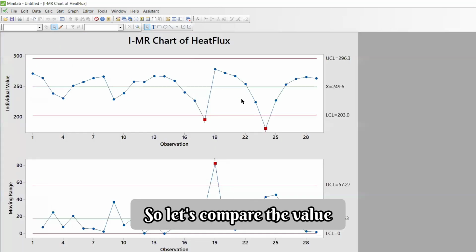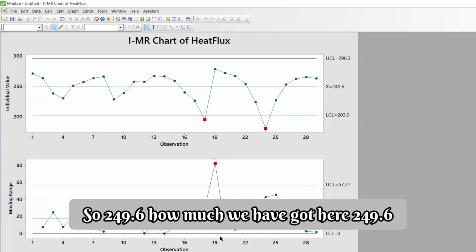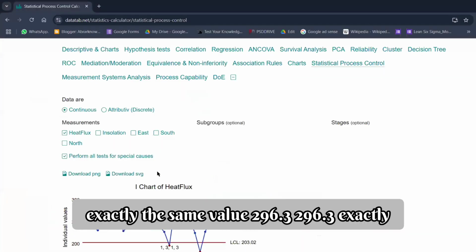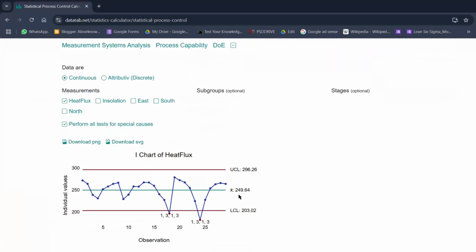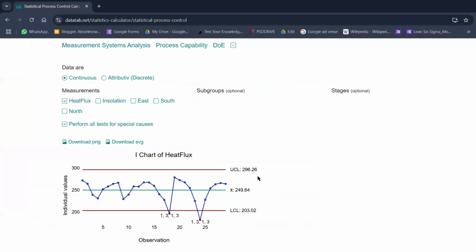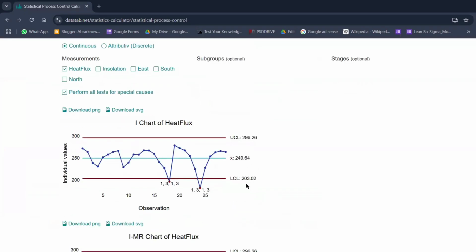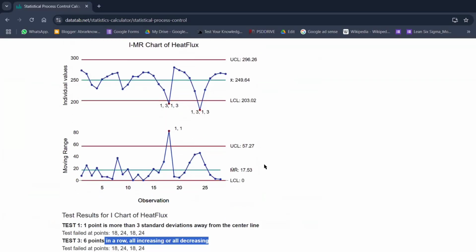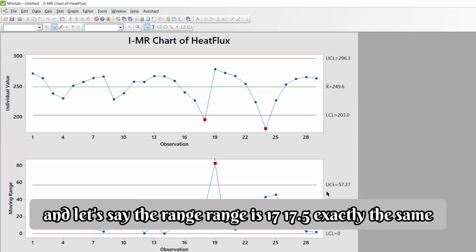So let's compare the values. 249.6, how much have we got here? 249.6, exactly the same value. 296.3, 296.3, exactly; 203, 203, right? Exactly the same values. And let's say the range is 17, 17.5, exactly the same.